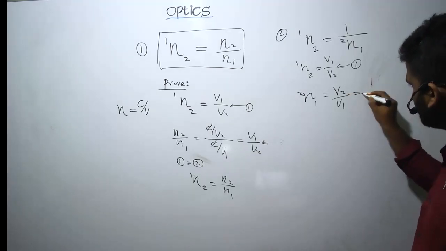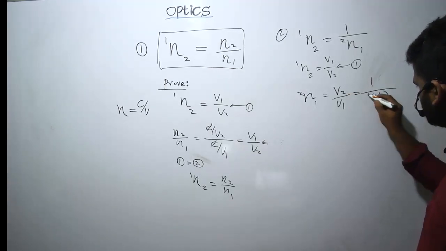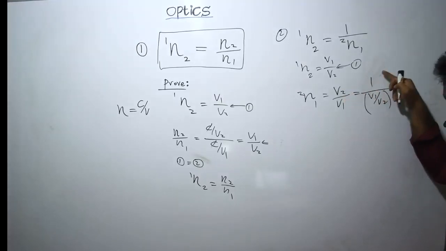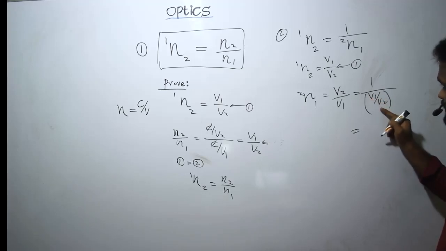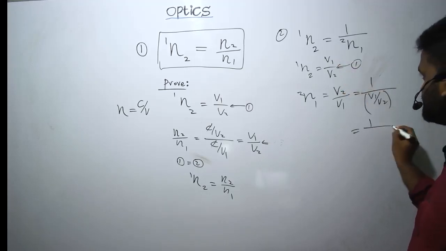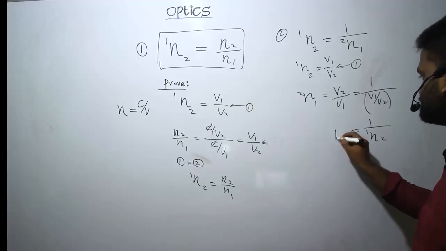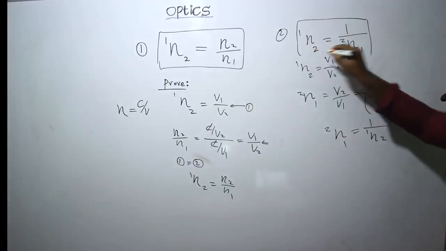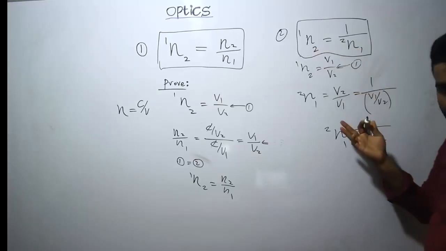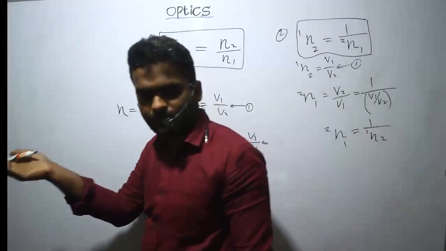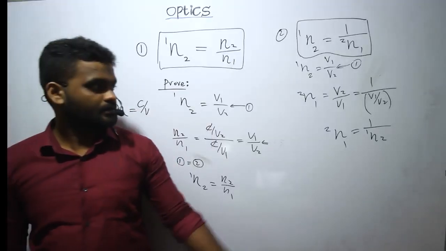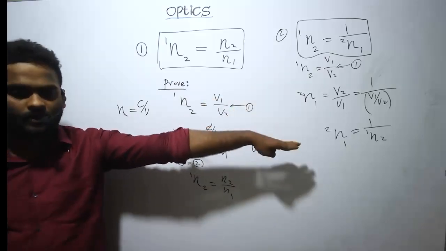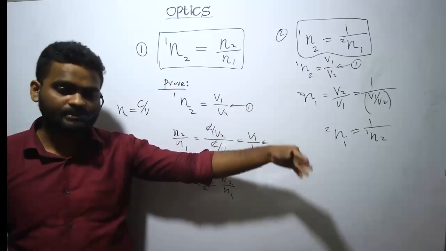You can write V1 divided by V2 under 1, right? So what is V1 divided by V2? It is N12, right? I'm doing these proofs to familiarize you with these things. You can prove these any way you want, but just to familiarize, otherwise you get confused there, right?